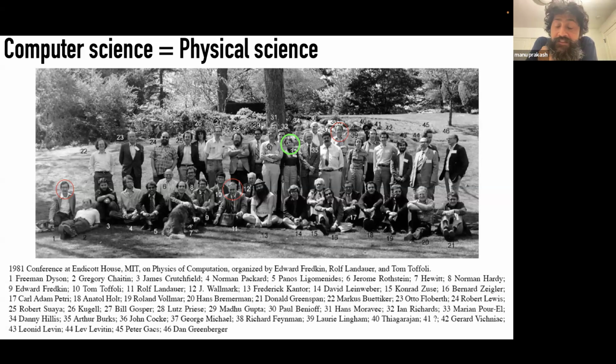What are the limits? This is the meeting that gave us Rolf Landauer's famous theorem on the cost of erasing memory. This is also where Toffoli gates and reversible computing were discussed and discovered, and many ideas around quantum computing were set in that phase.